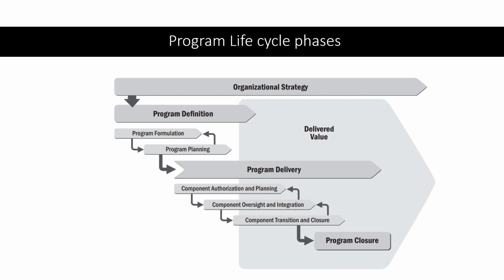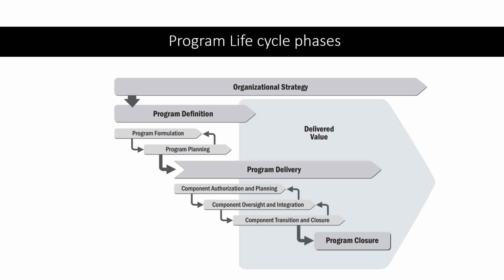So I think we have come to the final slide of today's video. This picture shows pictorially the phases involved in the program life cycle. We discussed program definition, program delivery, and program closure, how they interact with the organization strategy, and what the sub phases in program definition are.